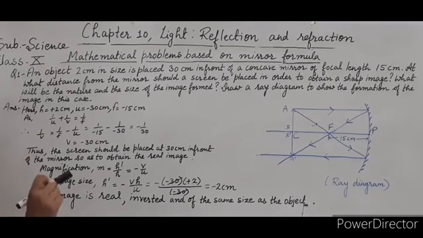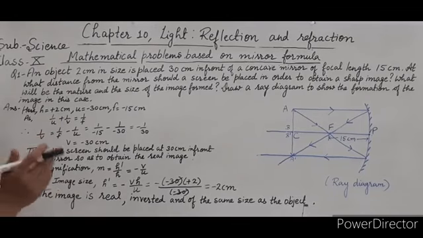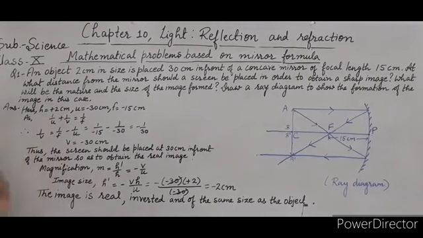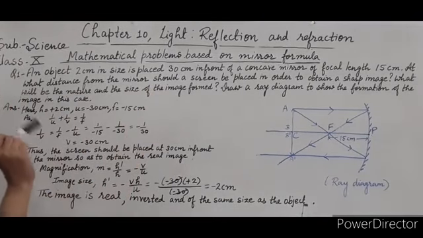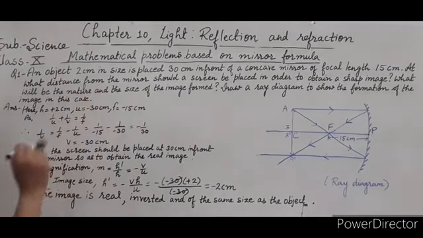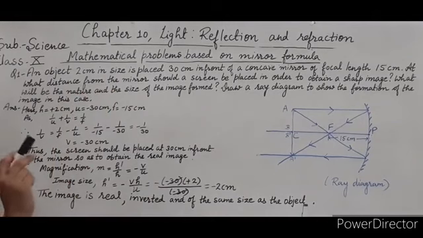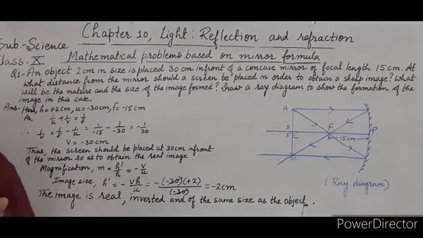An object is placed above the principal axis, so its value is positive, plus 2 cm. The object is placed 30 cm in front of a concave mirror of focal length 15 cm. The focal length of the concave mirror is 15 cm.